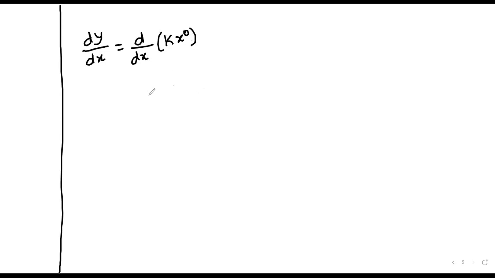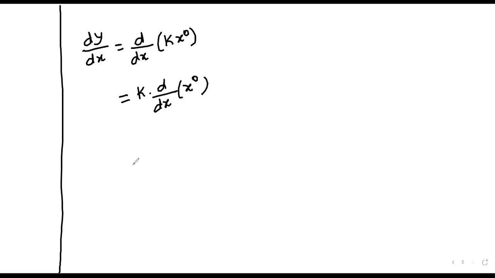In the given function, first you need to identify which is the constant and which is the variable. There lies your success. Here k is a constant, so I will bring k outside: k times d by dx of x power 0.